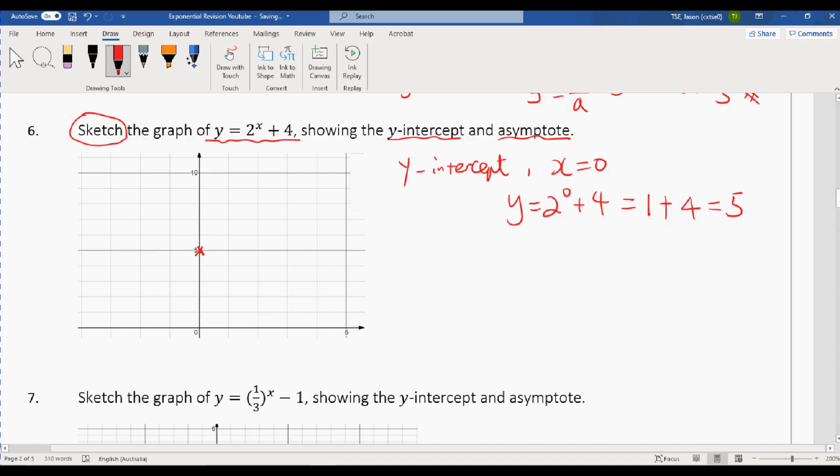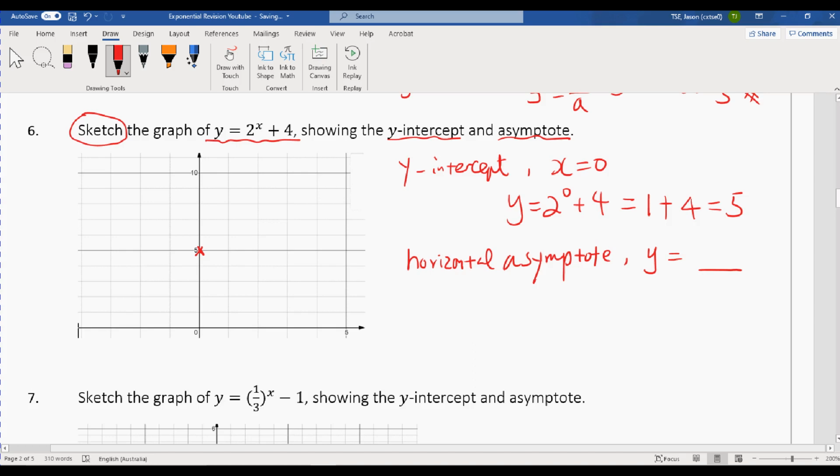How about asymptote? So we understand all the asymptote in exponential graph must be horizontal, right? So horizontal asymptote, of course, is a horizontal line. For all horizontal line, the equation must start with y equals a number. So what number should it be?